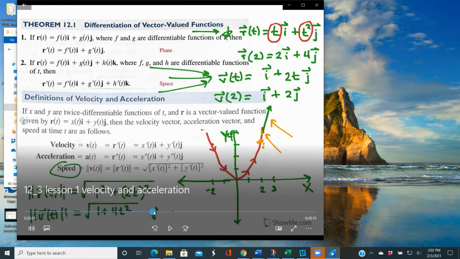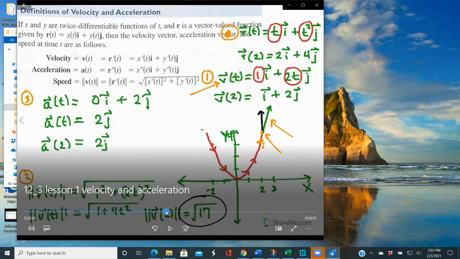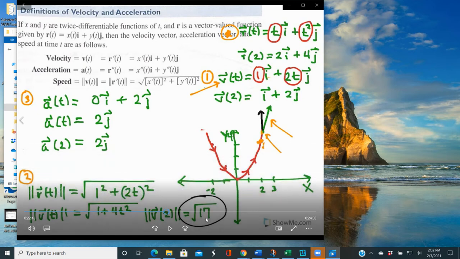And that's something that you would have noticed was an issue when we were looking at the speed of the object at time t equal to 2, and it was found to be, of course, the correct speed, the square root of 17 units per second, which is a little bit more than 4.